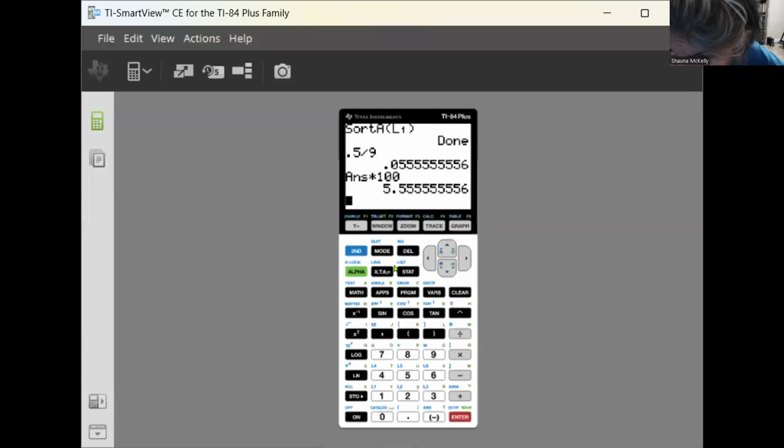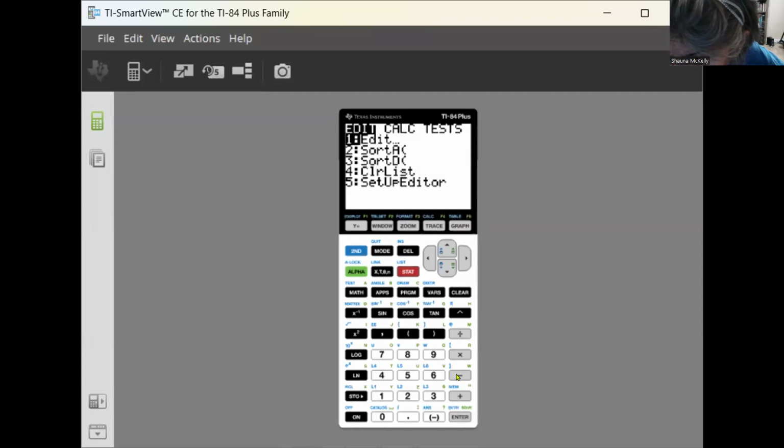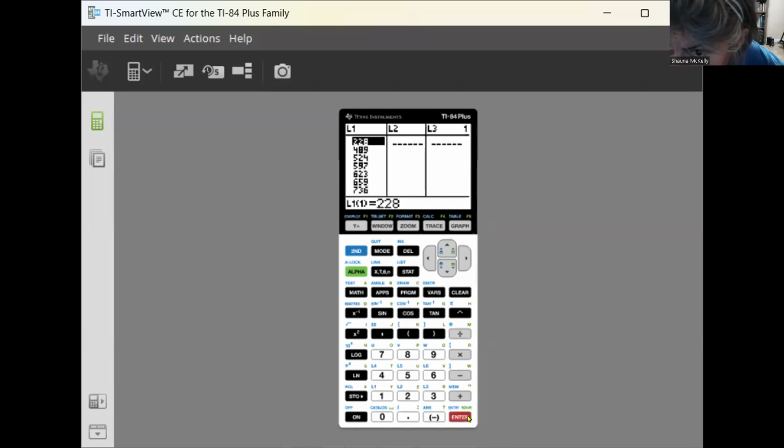let's go back to our data, stat, edit. It's going to be 489. There's going to be one value below me again. It's not how far apart they are. It's how many values are in the list below that. There's one value below it.